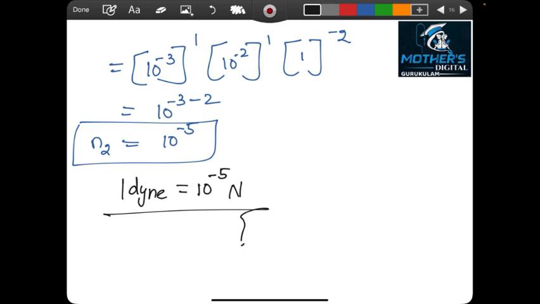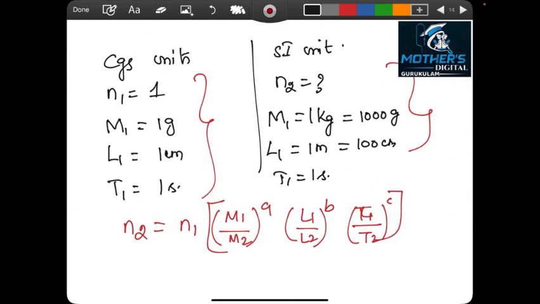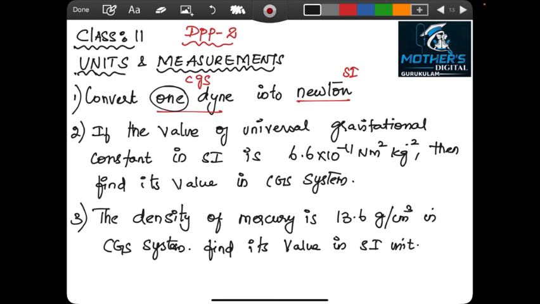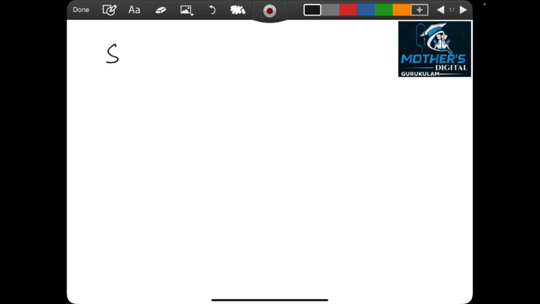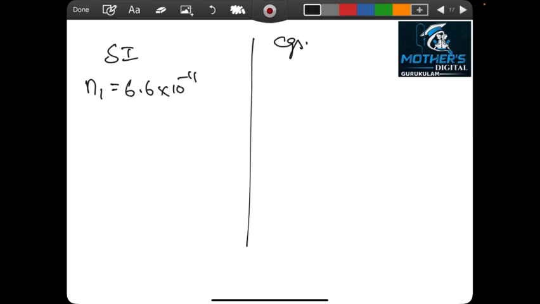We'll move on to the second question. If the value of universal gravitational constant in SI unit is given, in the second problem they gave you an SI unit asking you to convert to CGS unit. So I'll write SI unit on the left hand side and CGS unit on the right hand side. N1 is given as 6.6 into 10 power minus 11.